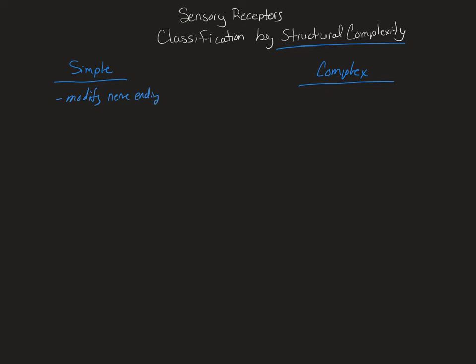Okay, we're just going to modify, let's say, the dendritic part of a neuron, and it's going to pick up general sensory information. This is the vast majority of our sensory receptors. It's just these modified dendritic endings.